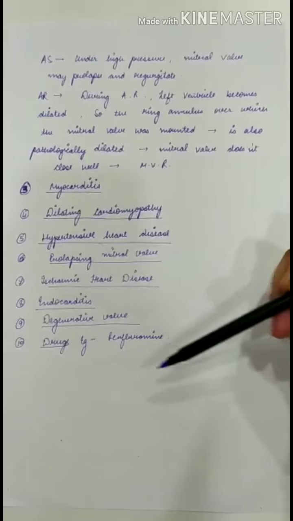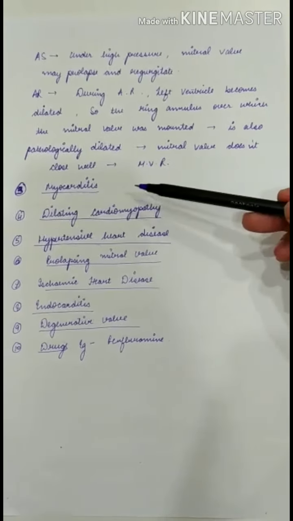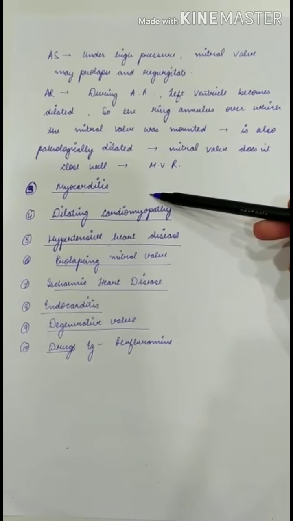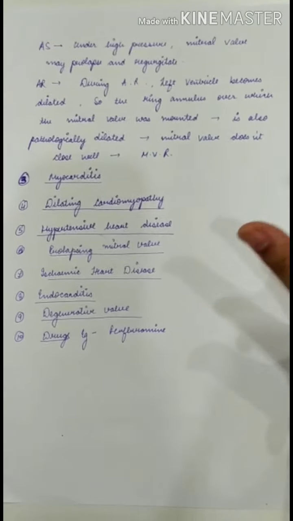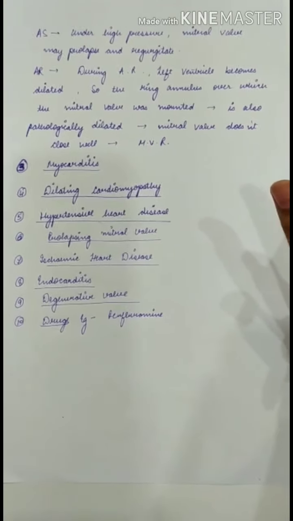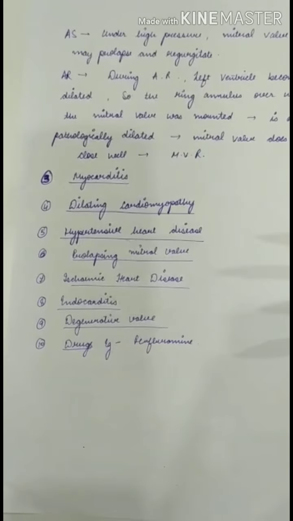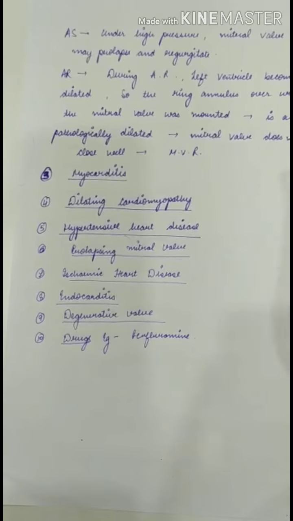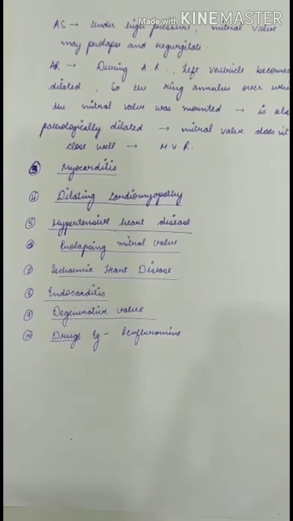Now, these are some of the other conditions which lead to mitral valve regurgitation. First is myocarditis. In this, the myocardium becomes inflamed and loose and flabby. It cannot contract powerfully, which leads to progressive dilatation of the left ventricular chamber and hence mitral valve regurgitation. Then dilated cardiomyopathy. It is a condition in which, due to an unknown mechanism, the left ventricle undergoes progressive dilatation, which ultimately leads to mitral valve regurgitation.